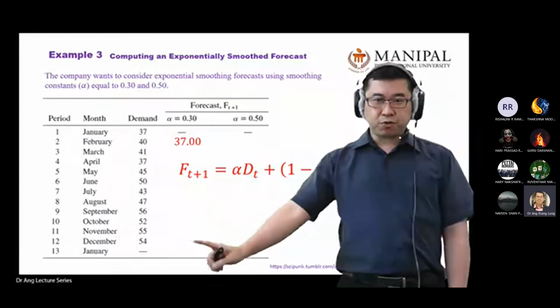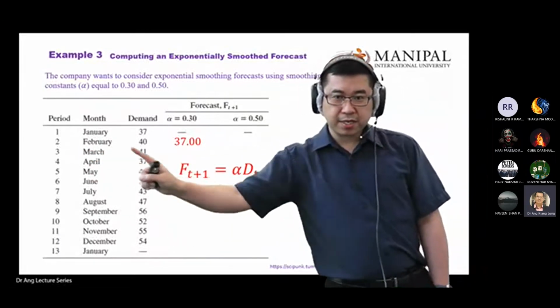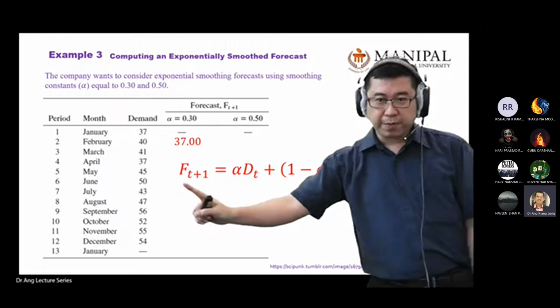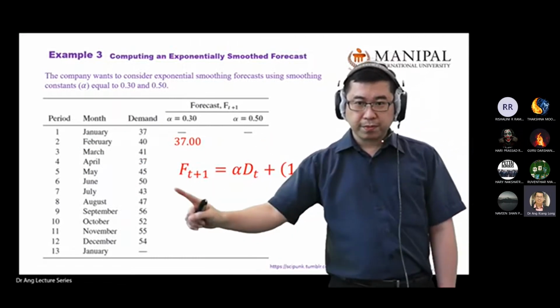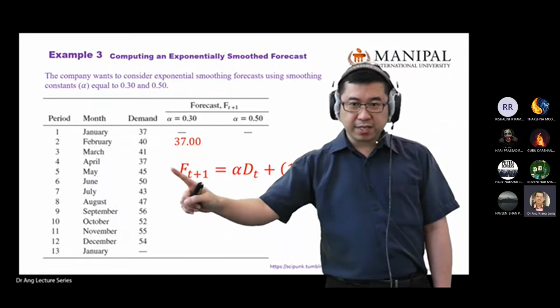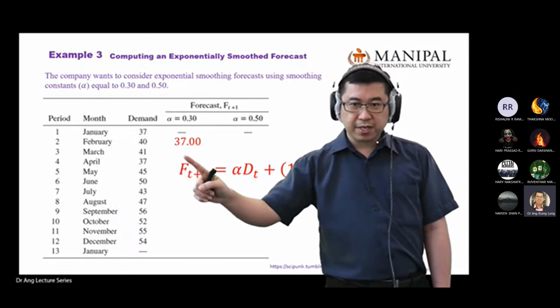You should write F3 because it's number 3. So when it becomes F3, your t is number 2. This box here is F3.